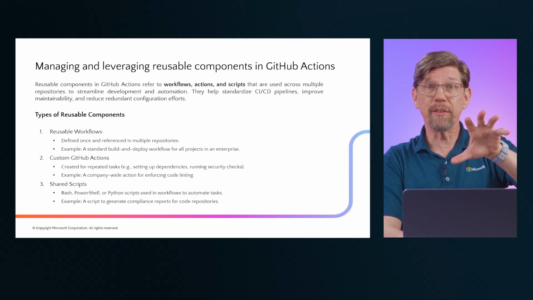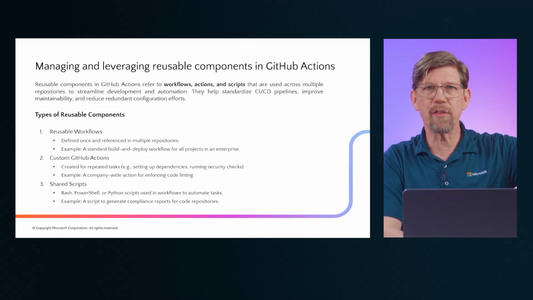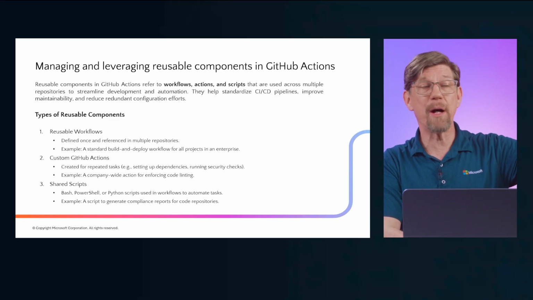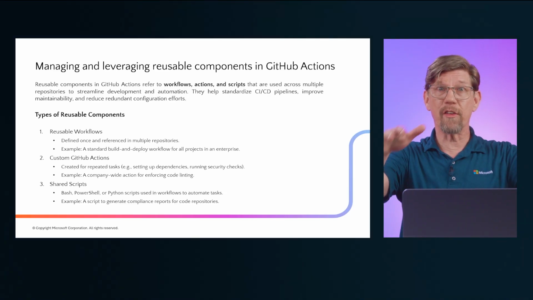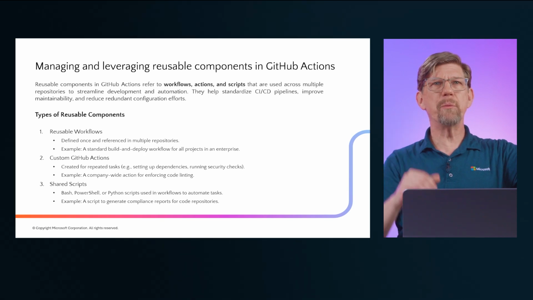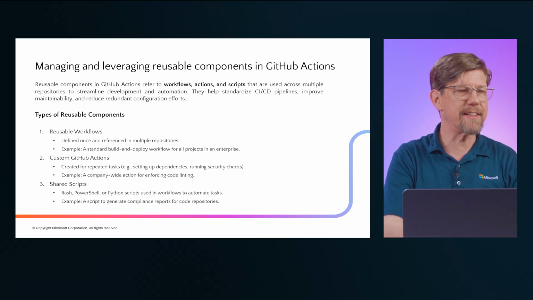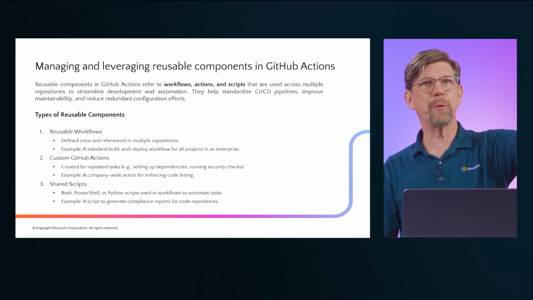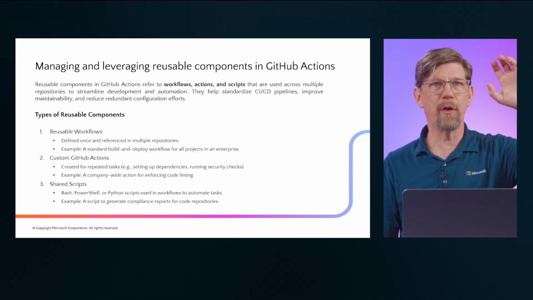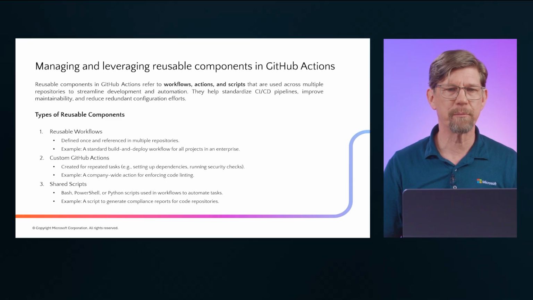So our reusable workflows, we may have in our organization a repository where we're building some of those reusable workflows, maybe where we're setting up some best practices that could be at the organization level. But we could also say that maybe we have a team whose goal is to provide best practices throughout the org and create a designated organization that holds those reusable workflows, those custom actions, those shared scripts.